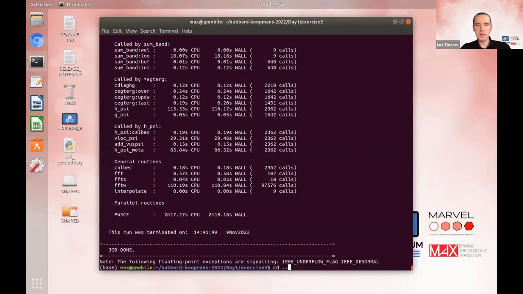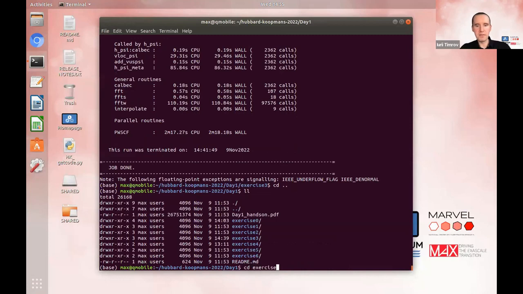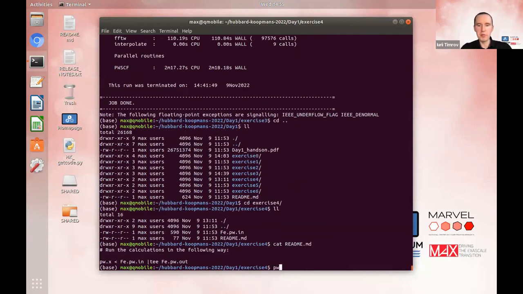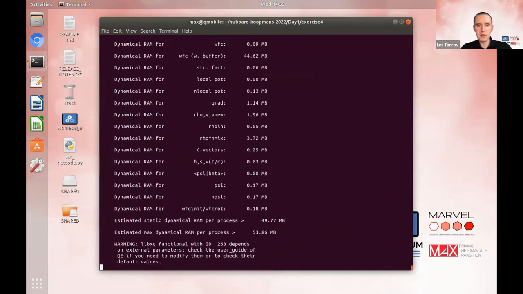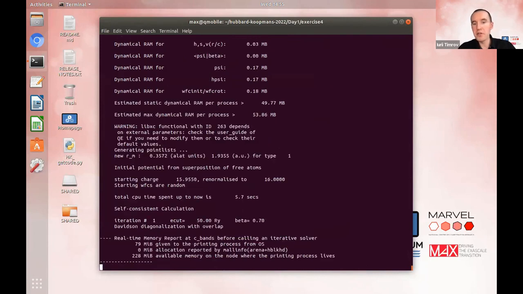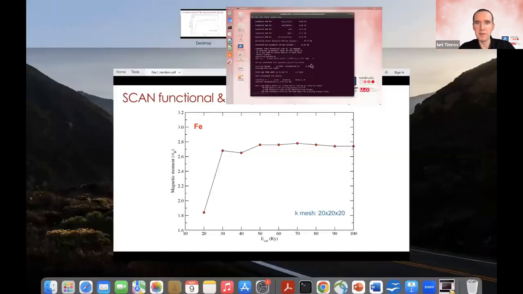We go to exercise 4, and we simply need to type pw.x, read the input file, and write the output to iron.pw.out. If the previous calculation for silicon took about 20 seconds on my computer, this calculation will actually take 4 to 5 minutes. It's more expensive.